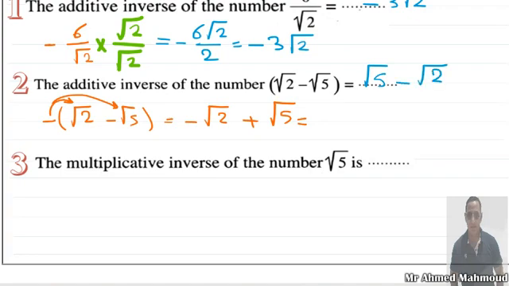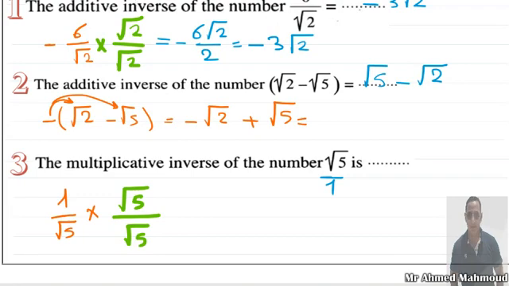Okay, now I need the multiplicative inverse of this one. Here we have 1. By turning this upside down, it will be 1 over square root 5. By multiplying up and down by root 5, why? To make it in the simplest form.